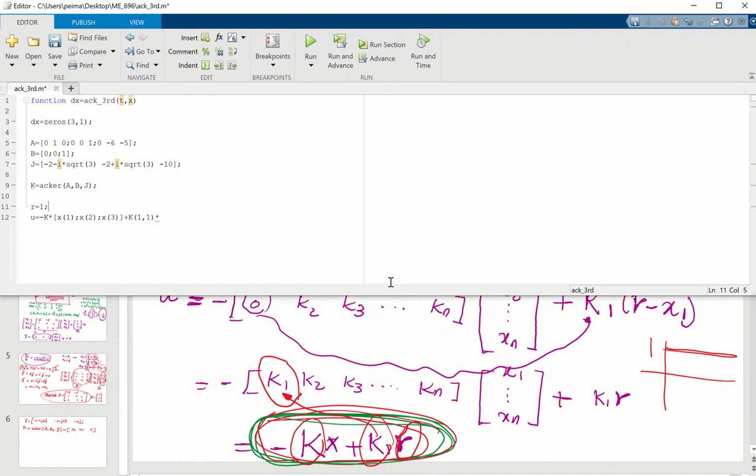Say here, unit step 1. Bear with me. Now typing the equation. dx1 is equal to x2. dx2 is equal to x3. That's right, as you have in notes.